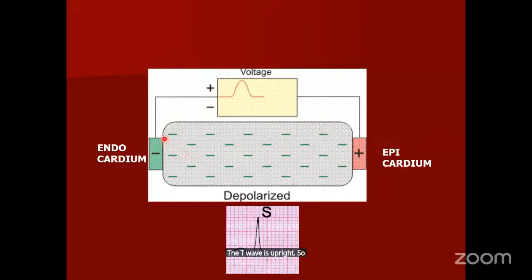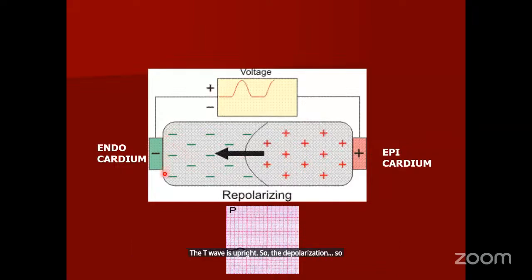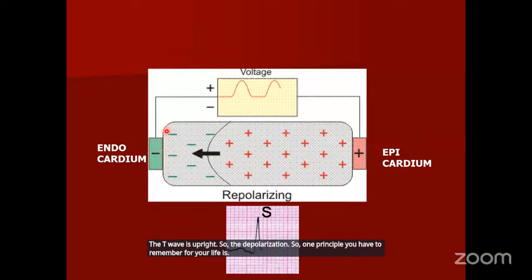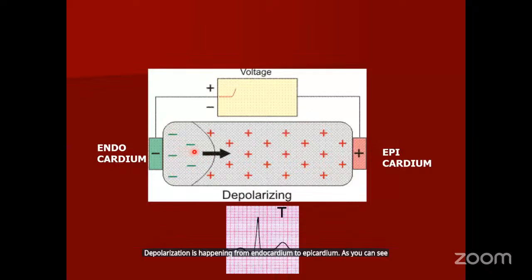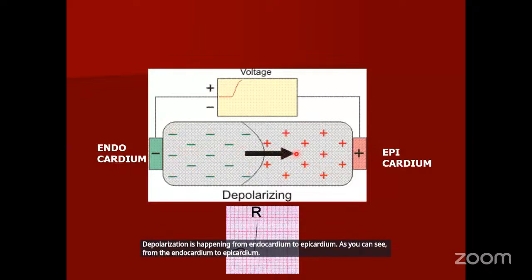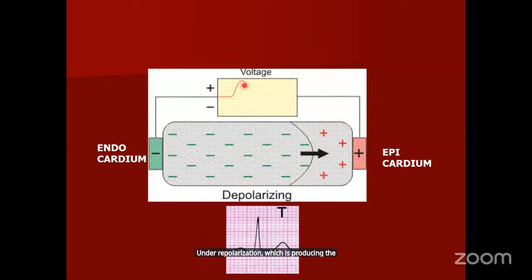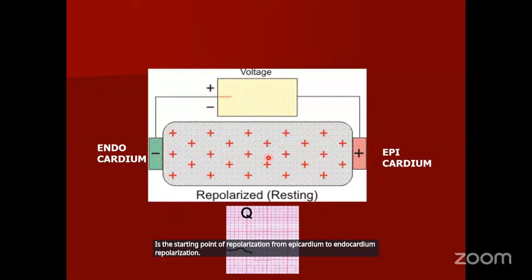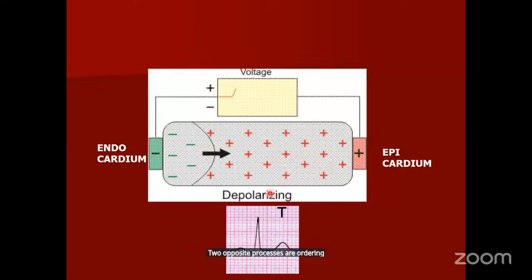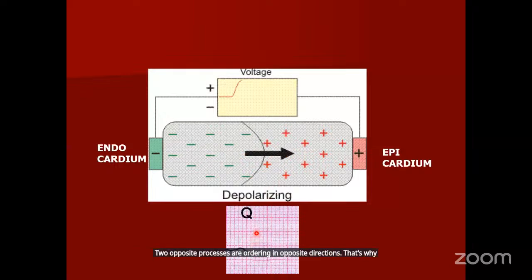One principle you have to remember for life: depolarization happens from the endocardium to the epicardium, producing the positive QRS complex. The epicardium is the starting point of repolarization, which goes from the epicardium to the endocardium. Two opposite processes occurring in opposite directions is what makes a positive T wave.